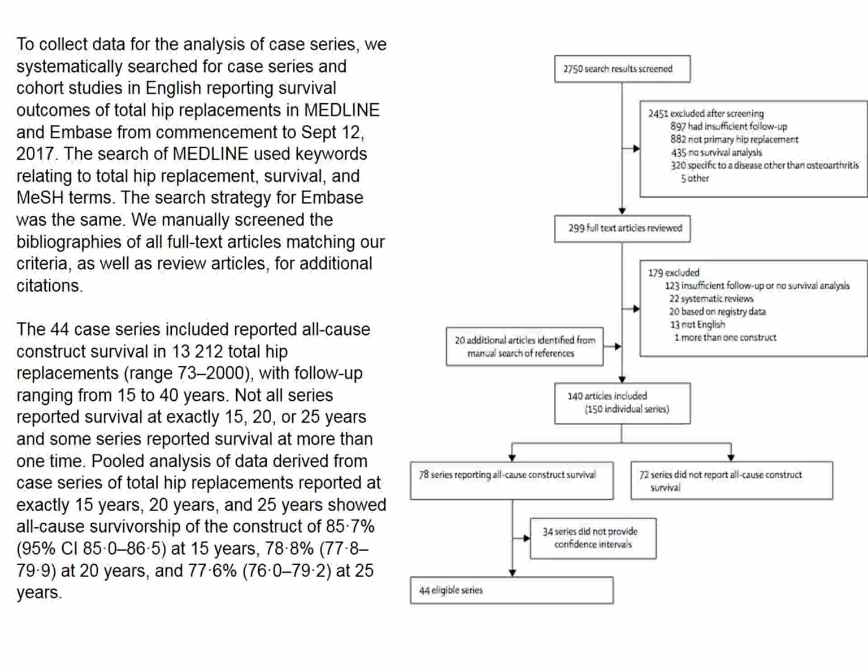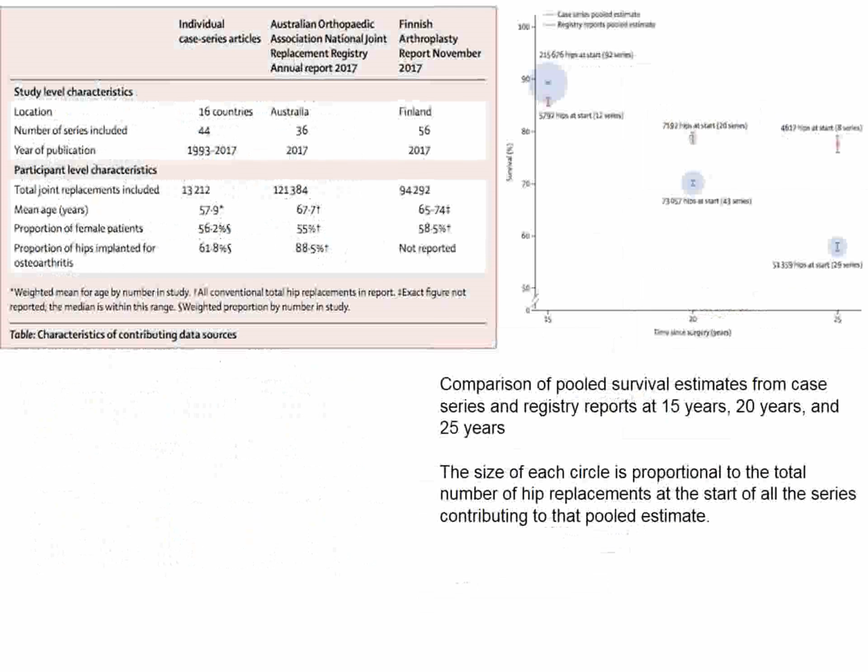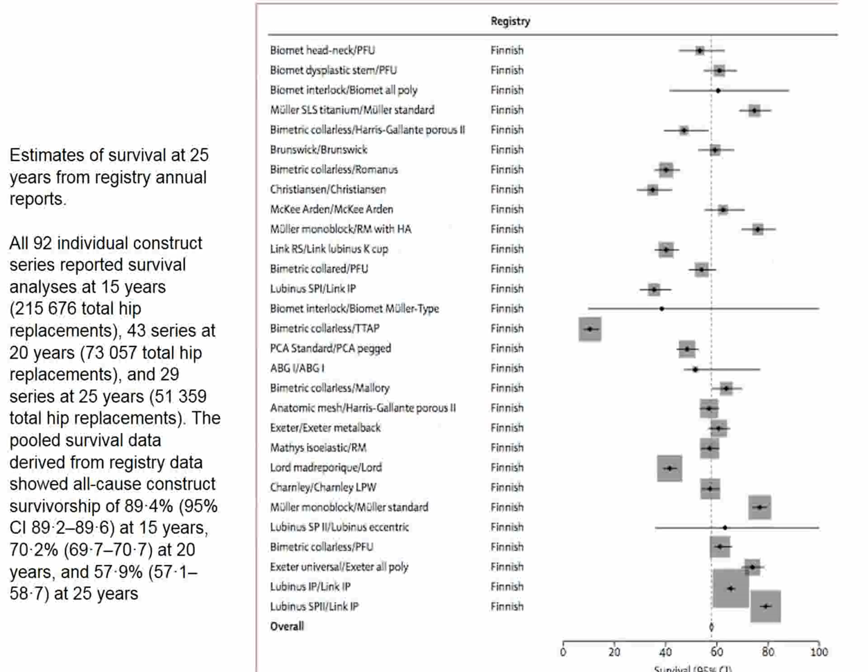Almost 3,000 papers were screened and various criteria were fished out here, so we don't have to worry about that. But what we see here is that 20 years after surgery, 70% of these hips are still working, and 25 years after surgery, it's almost 60%. And I thought those results aren't all that bad.